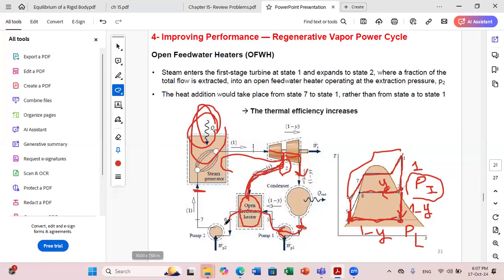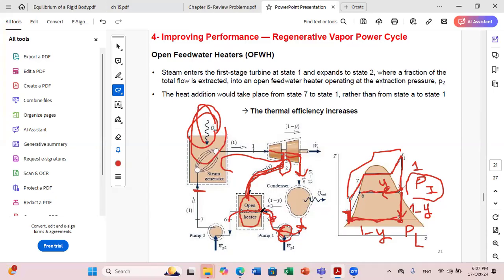Why do we need two pumps here? Because first we need to pump from low pressure to intermediate pressure using pump 1, okay? Now, once we reach the intermediate pressure, we are ready to mix the two fluids. So we mix the two fluids: the fraction Y at temperature T2, which is relatively high, and the fluid at state 5, which is at a lower temperature.